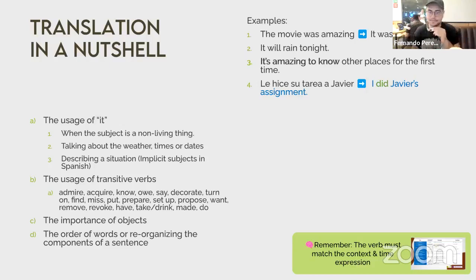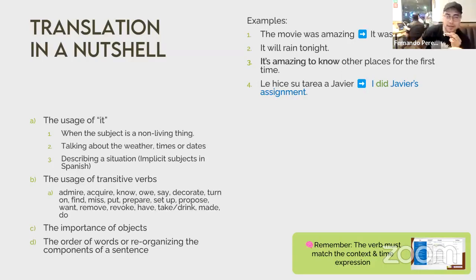Next section. We are talking about the importance of objects in letter C. Letter C is when you are talking about an implicit object.